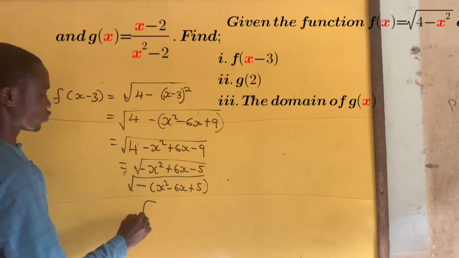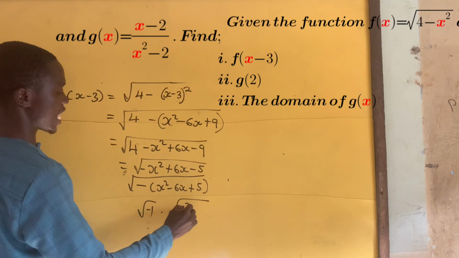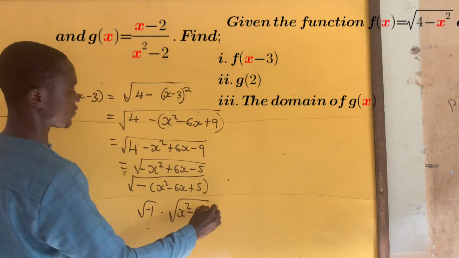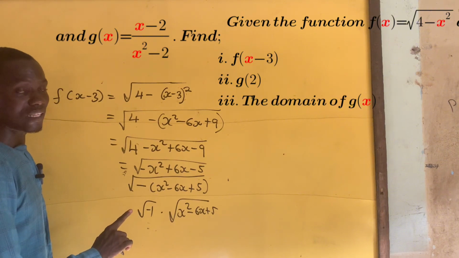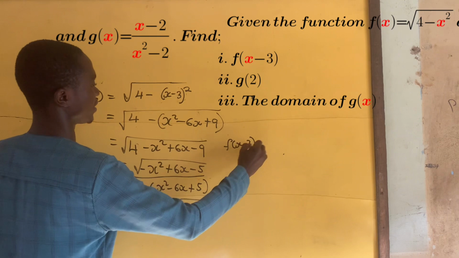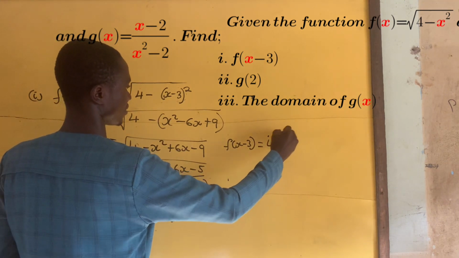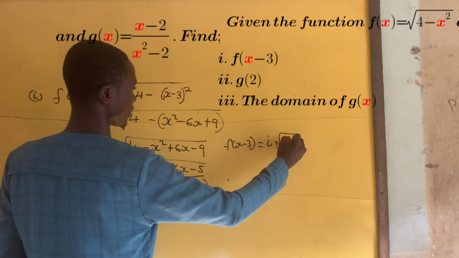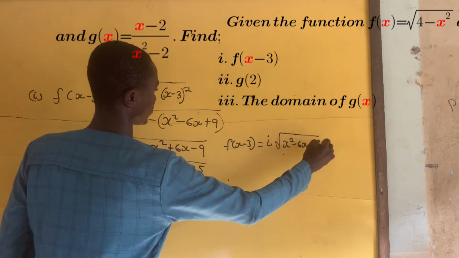So this will give me square root of negative 1 times square root of x squared minus 6x plus 5. Square root of negative 1 is i. So our f of x minus 3 will give us i root x power 2 minus 6x plus 5.